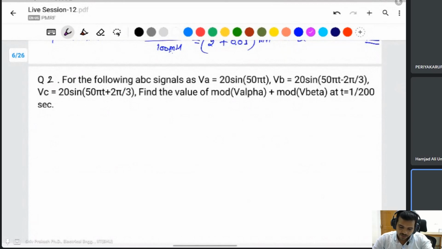For the following ABC signals VA, VB and VC, find the value of mod alpha, beta and mod.